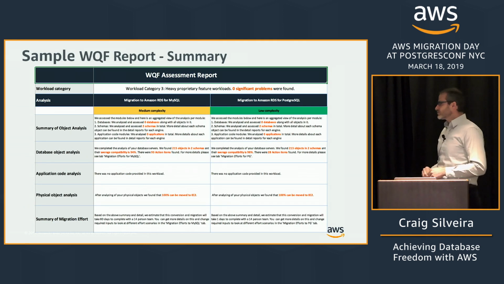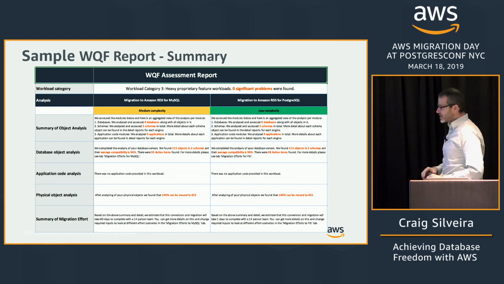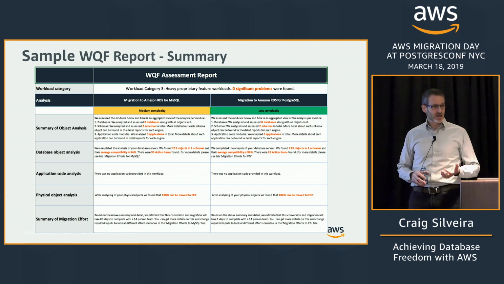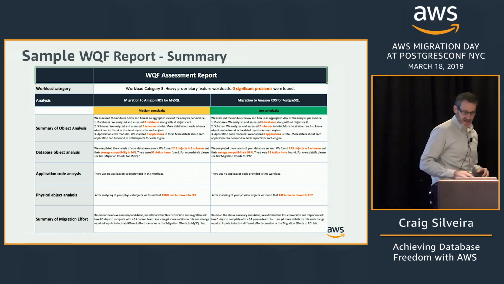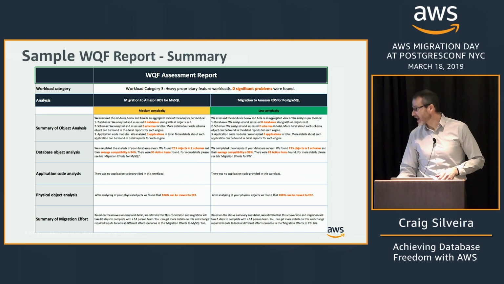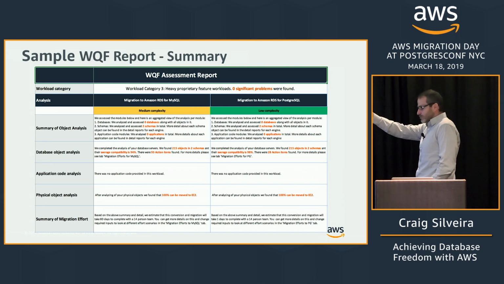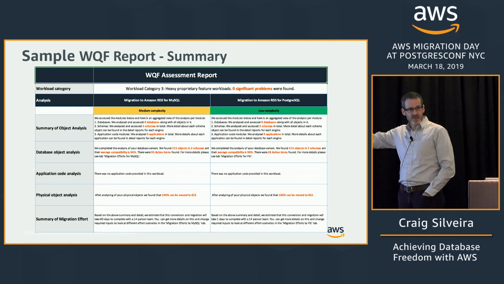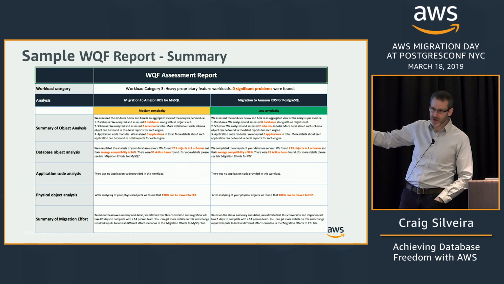So here's an example. There are multiple reports that WQF creates. This is the summary report. In this system that we scanned, it produces the results for both MySQL and Postgres. Now it says RDS MySQL, RDS Postgres.